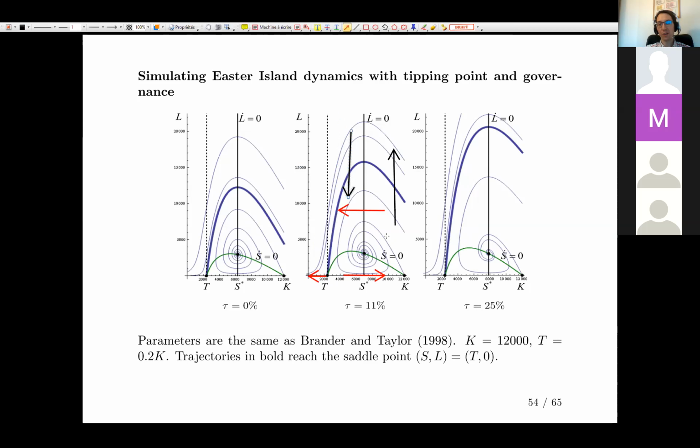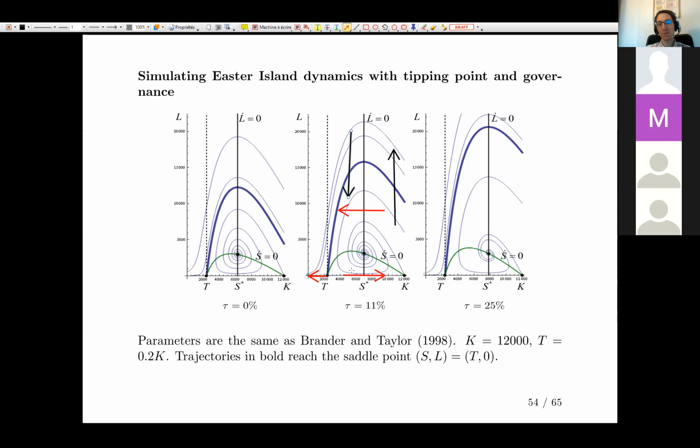Okay, so this is this. And now the question is, how do I put these two together? If I'm on this side, then the arrow will point down and to the left, in this direction. If I'm on that side, it's going to point up and to the left. If I'm in that region, it's going to point right and up.